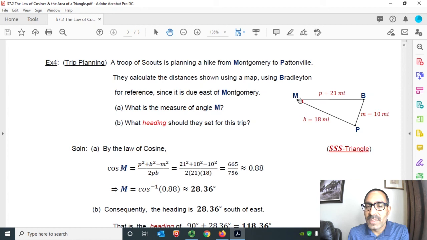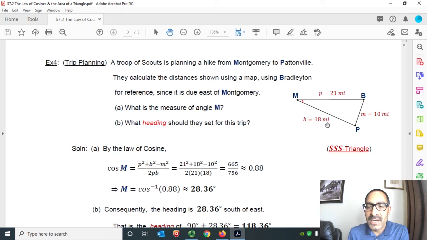So here is Montgomery, here is Bradleyton, and here is Pattonville. So the question is, what is the measure of angle M? By the way, the distance from Montgomery to Bradleyton is 21 miles, Montgomery to Pattonville is 18 miles, and the distance between Pattonville and Bradleyton is 10 miles. So the question here, we need to find the angle M.